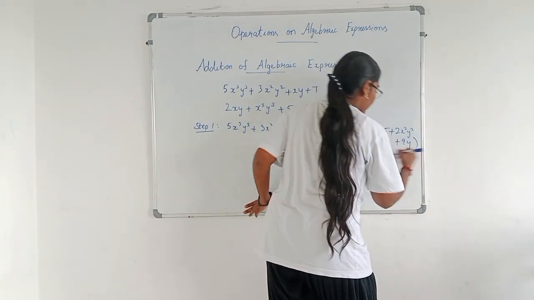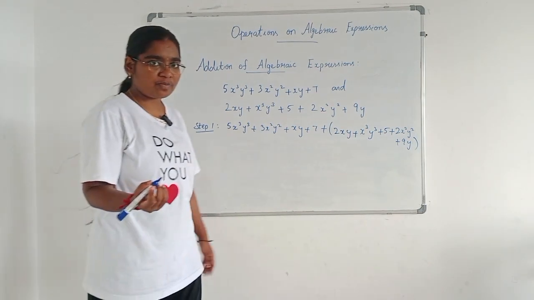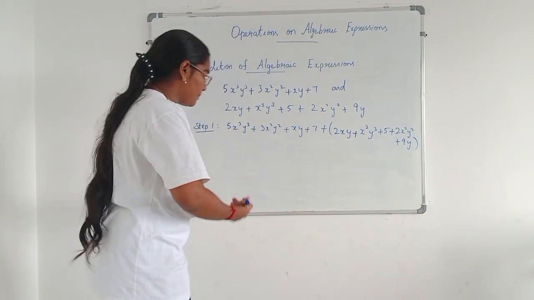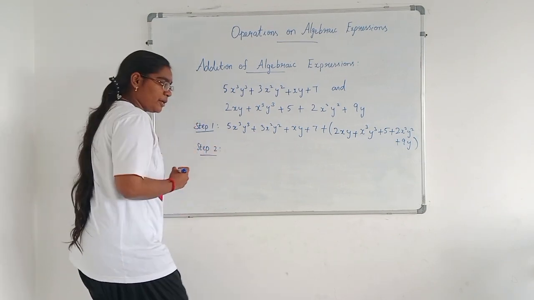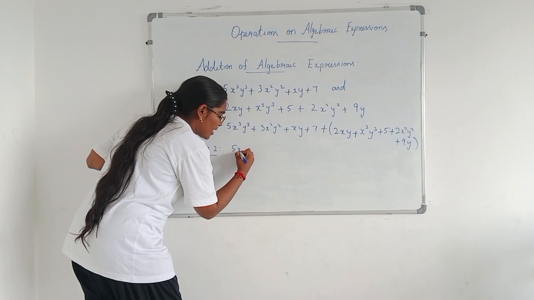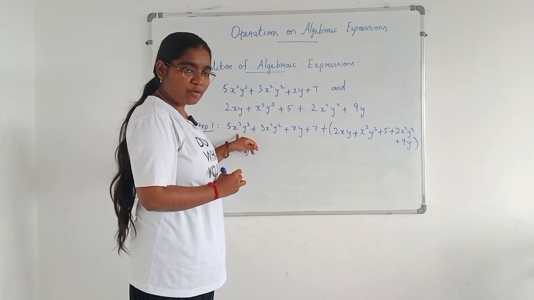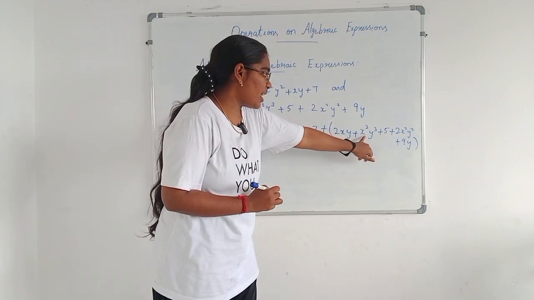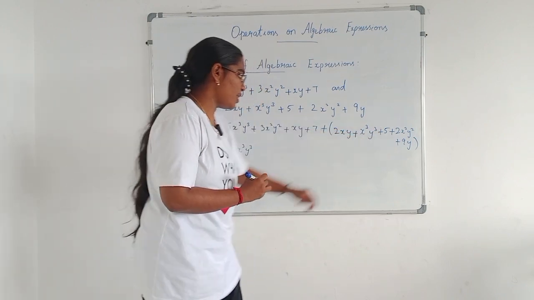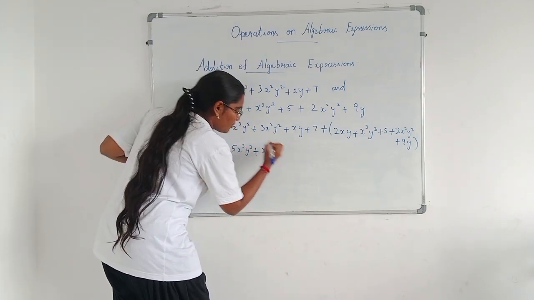Okay, in step number 2 what can we do? As usual, grouping. So first term is 5x cube y cube. Another like term of this is x cube y cube, so plus x cube y cube.